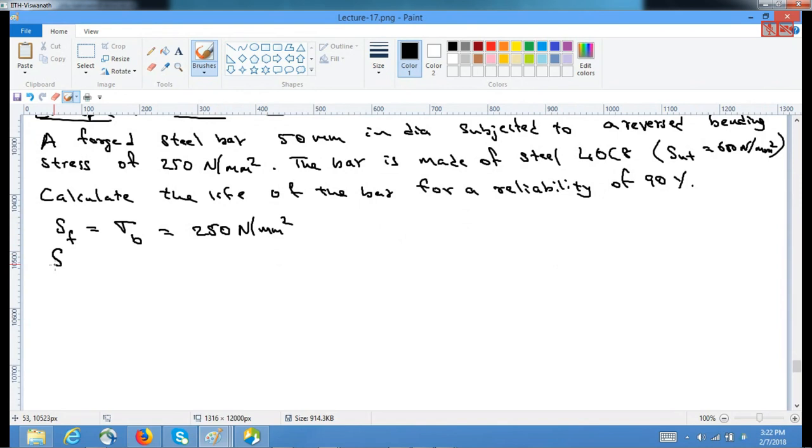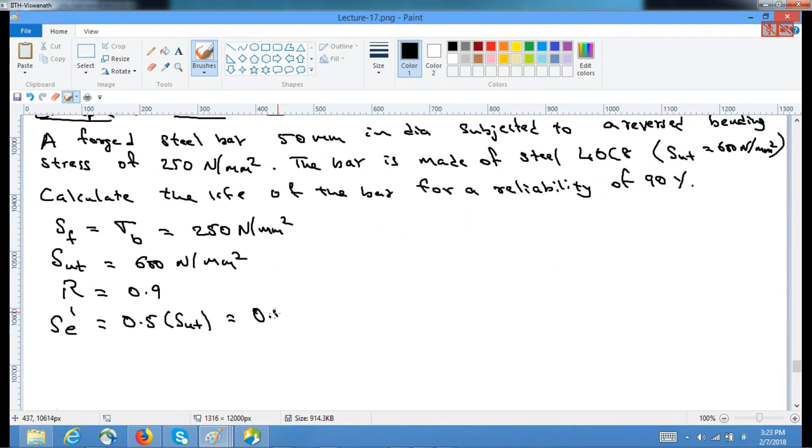SF is the operating fatigue stress, and SUT is the ultimate tensile strength, which is 600 Newton per mm square. Reliability is 0.9, and SE dash, since it is steel, would be 0.5 SUT, that comes out to be 300 Newton per mm square.